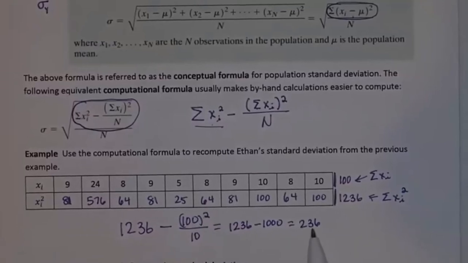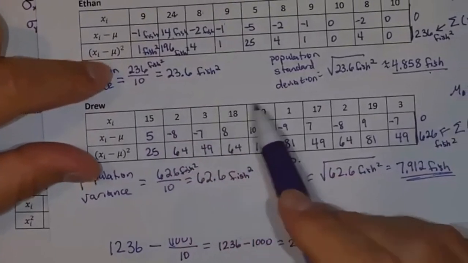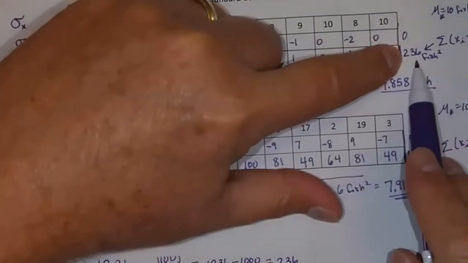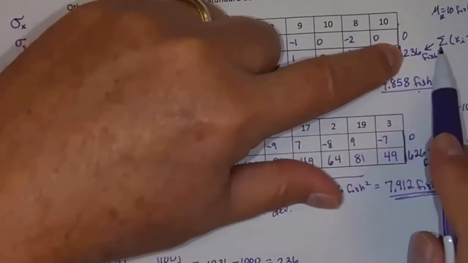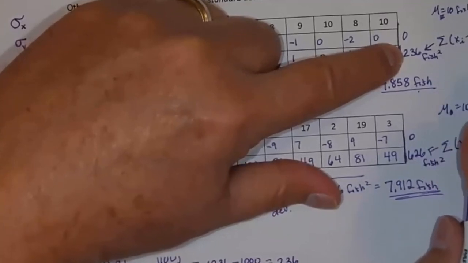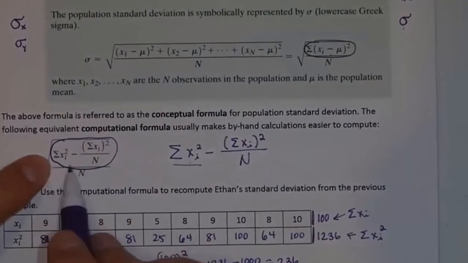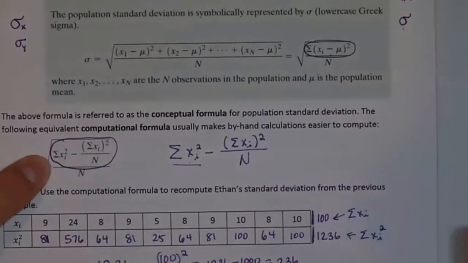Now, 236 is the same value we got right here. So that is the same as the sum of the x sub i minus mu quantity squared. So again, what I'm telling you is this part right here and this part right here are the same.